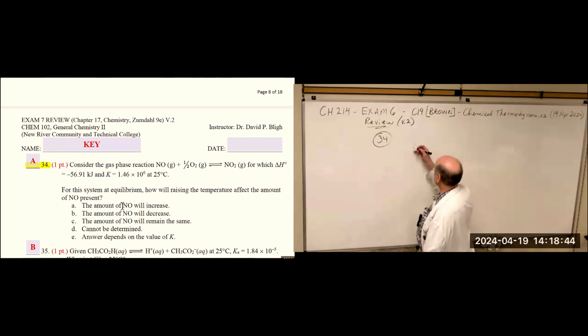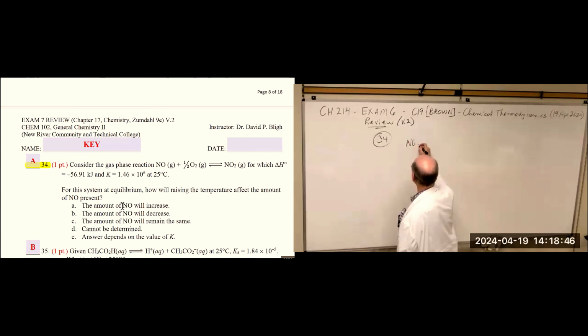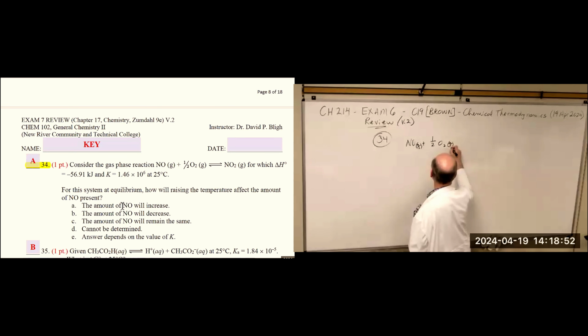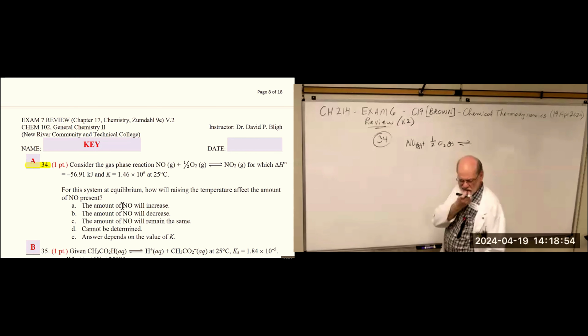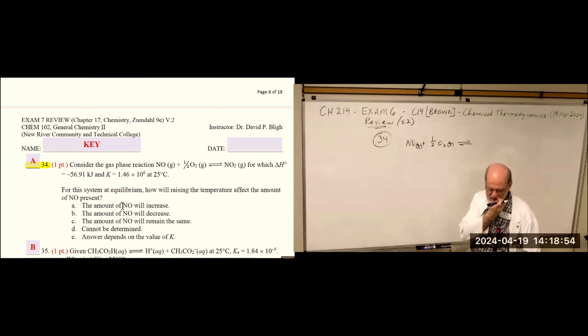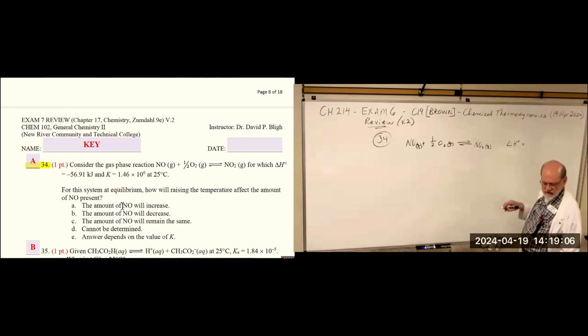All right, so we have NO gas plus a half O2 gas yields NO2 gas. And we're given delta H0 is minus 56.91 kilojoules.